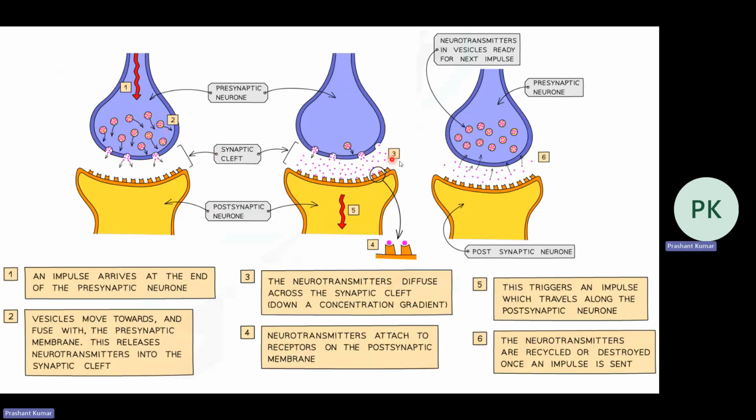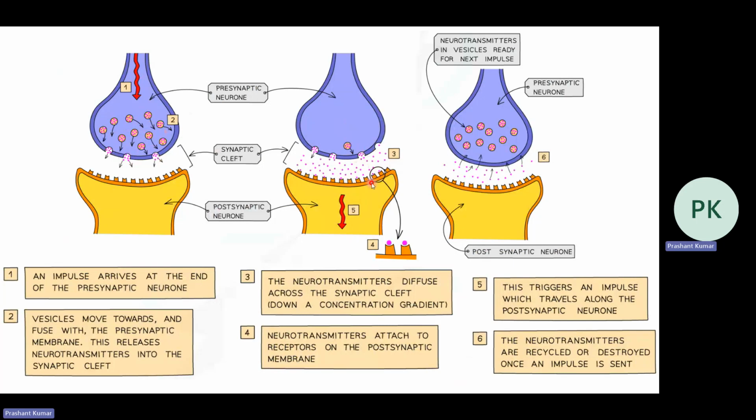In the third diagram, we can see once the vesicles fuse with the membrane, they release the neurotransmitter, the chemical, into the gap, right? In the next diagram, you can see that the neurotransmitters have been received by the receptor molecule on the postsynaptic neuron, and they trigger an impulse in the postsynaptic neuron.